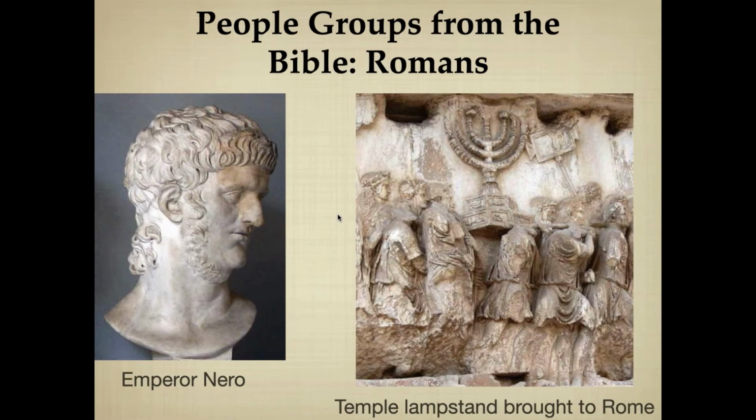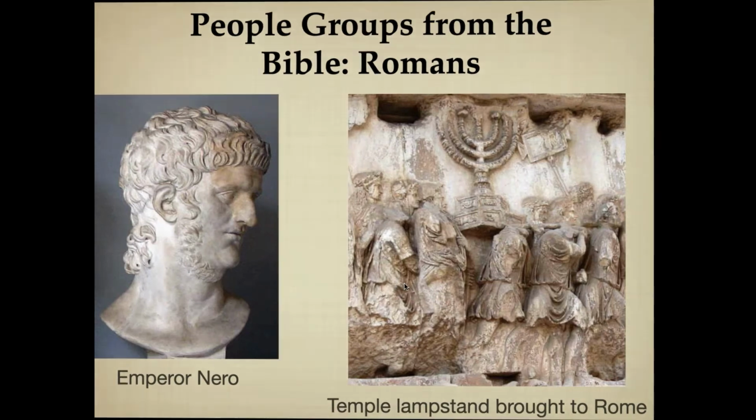They took the temple, they got the menorah, brought it to Rome, and I'm not going to speculate where it is today. You can read a lot of stories about that. But anyway, this shows the menorah, the temple lampstand, being brought to Rome. And all of this was related to the Romans.